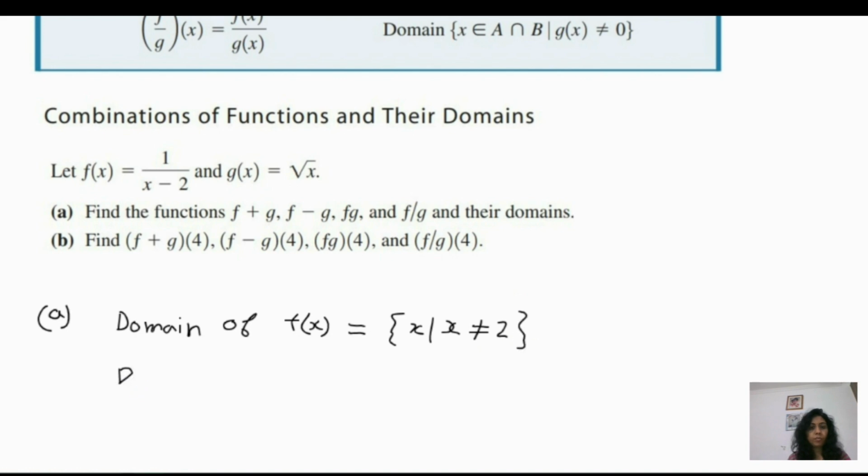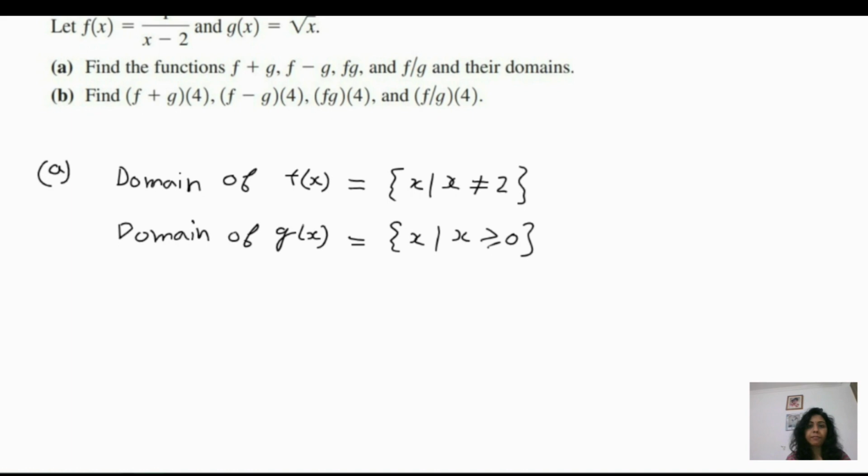And domain of g is x such that x greater than or equal to 0, because here we can't put negative numbers. So here x can be 0 or more than 0. It means all positive numbers. Okay, so x greater than or equal to 0.